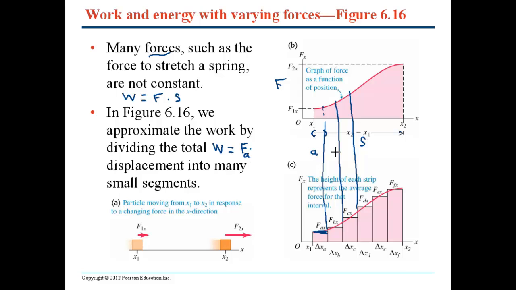This one is going to be A, this one's going to be B, this one's going to be C, multiplied by the change in position at A, plus the force at B, also roughly a constant, multiplied by the change in position at point B, and so on and so forth. Do that ad nauseum, and we can calculate the work done by this varying force.